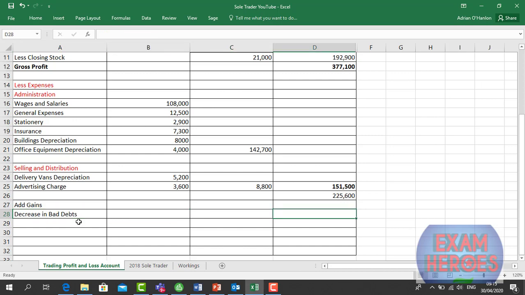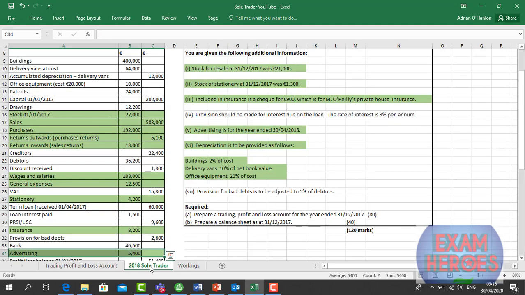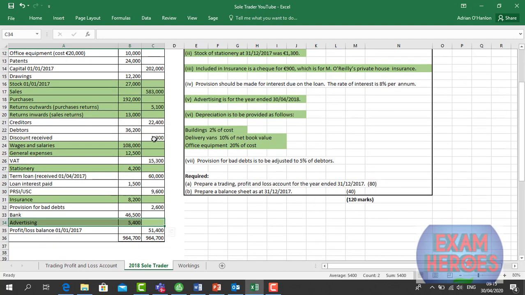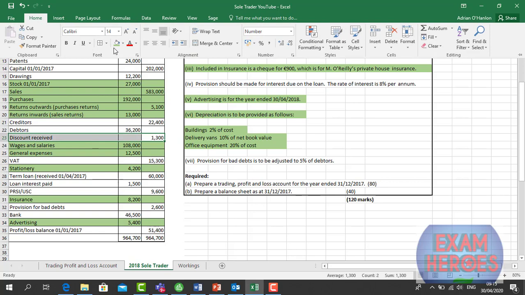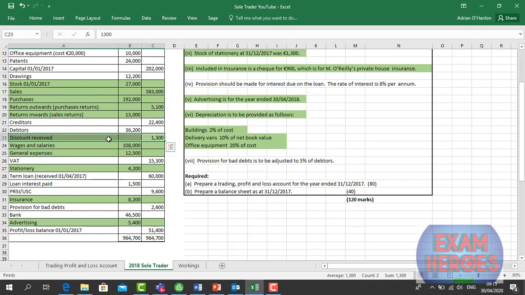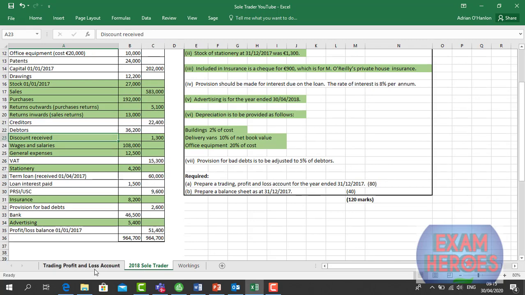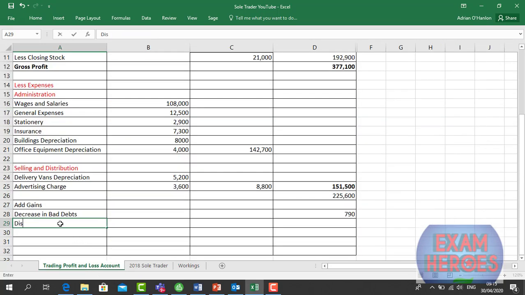That is 790 euros. If I come here then as well, by any other income, I do have my discount received. We were given discount on purchases. Okay, so that discount received is seen as a gain. Okay, so just to check that figure again, it's 1300. So discount received, that is 1300.